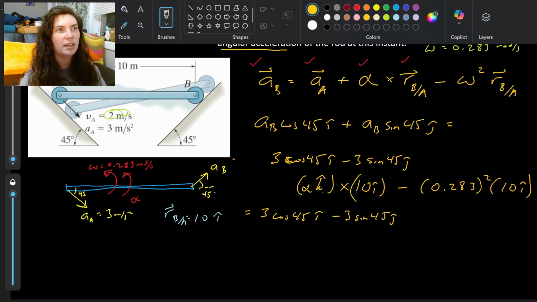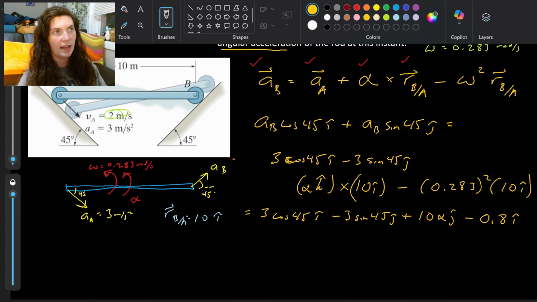And then I have k cross i, which is going to give me a positive j. So that's plus 10 alpha j hat. And then my last term there, I do minus 0.283 squared times 10, I have minus 0.8 i hat.